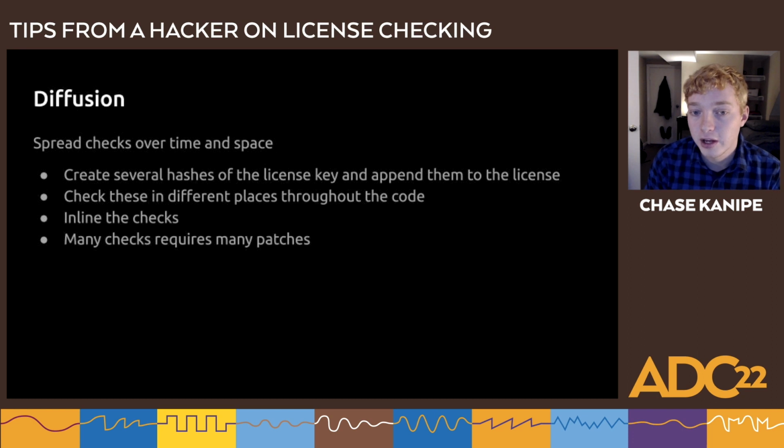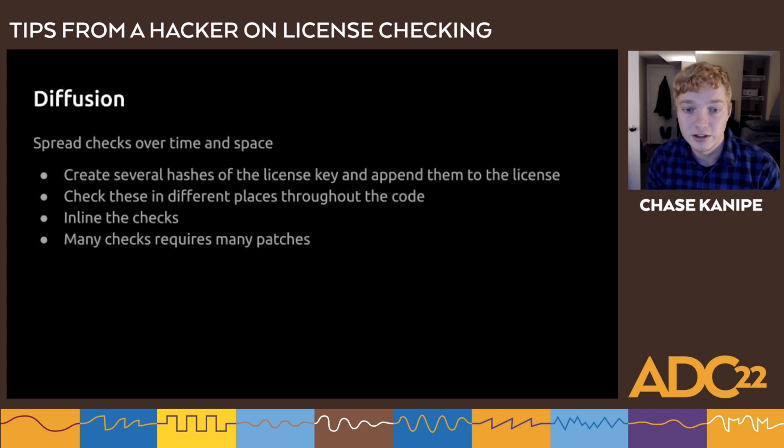So first I'll talk about diffusion. We want to spread our checks over time and space. If you think of the example I proposed earlier, where we have our RSA generated signature, and then we append to that signature several hashes of the signature, and then append those to the license, you can imagine that these hashes are checked in various places throughout the code.